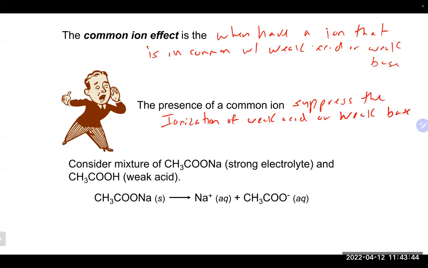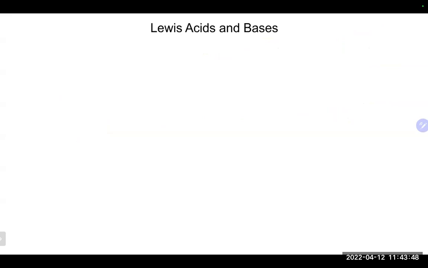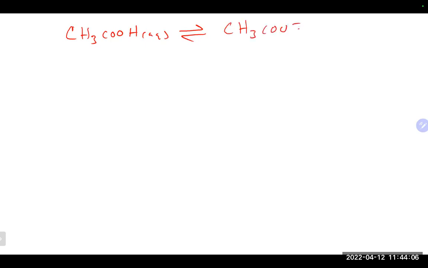So an example of this, if we take a look at a weak acid like acetic acid, when we have acetic acid in solution, it will set up an equilibrium that will produce acetate and some H plus.